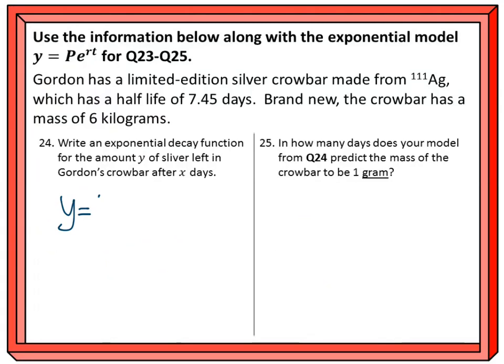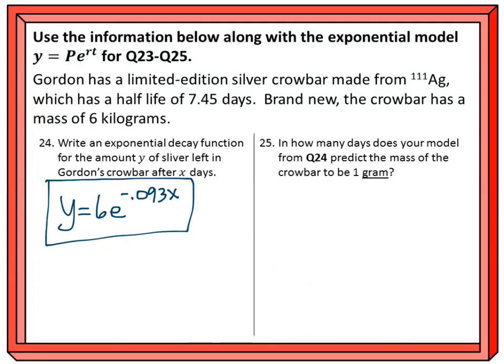So we started off with 6 kilograms, e to the, and we found the rate, and the rate was negative 0.093. Let me just double check that. Maybe I put an extra 0 at the end of it, but I don't need to. Times x, where x is the number of days. Okay, so this one is finished, and we're going to use that equation on number 25.